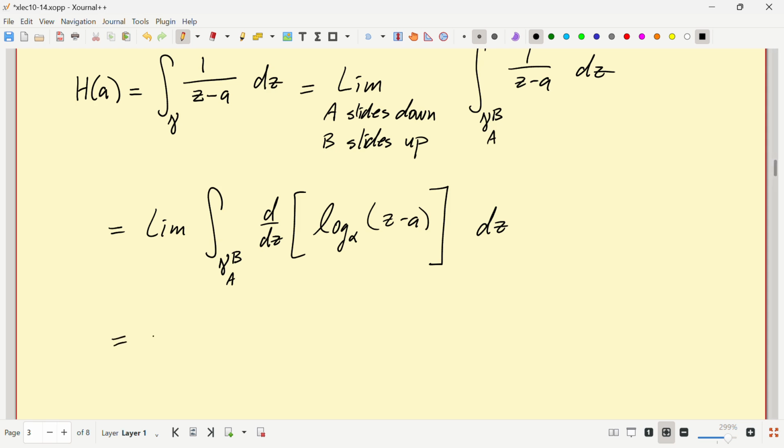And of course that's going to be a limit of log alpha of B minus A minus log alpha, I meant alpha, log alpha of A minus A.